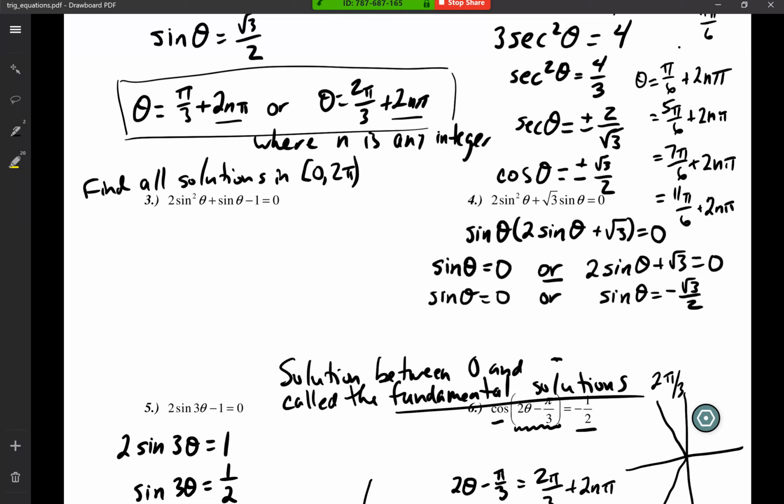Let's do this second one first because it looks a lot like the previous examples. The sine is negative, so we're going to be looking in quadrants 3 and 4. The value here without the negative sign is root 3 over 2, so I know it's going to be a pi over 3 angle.